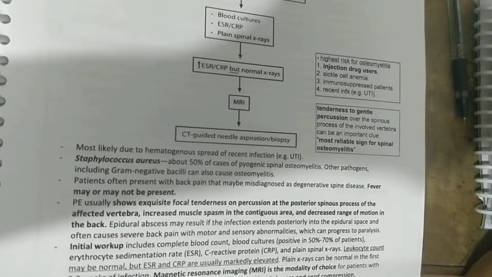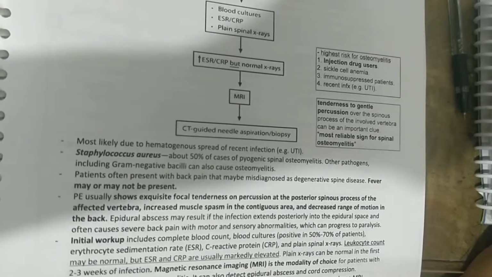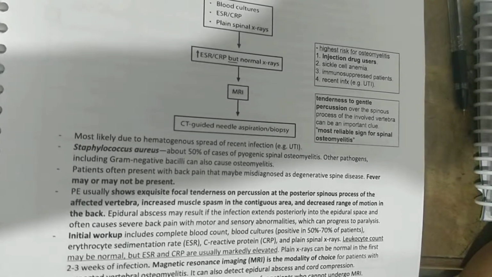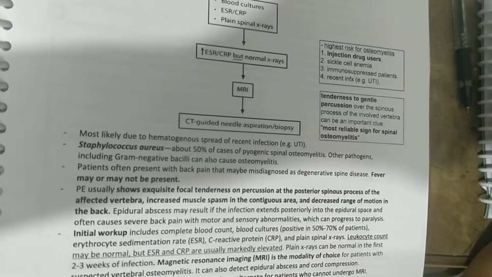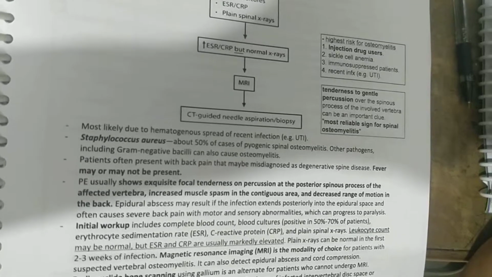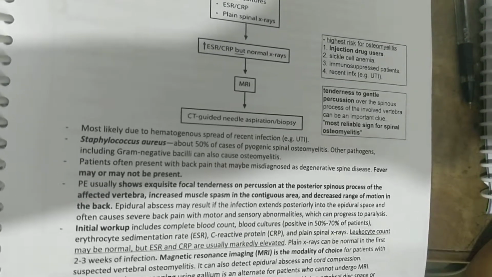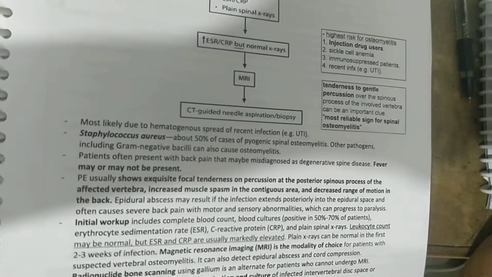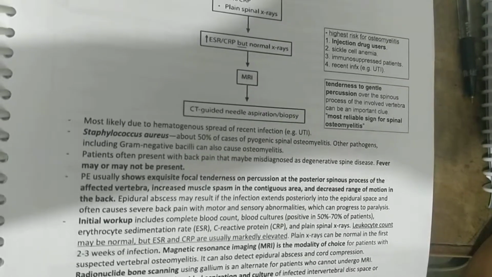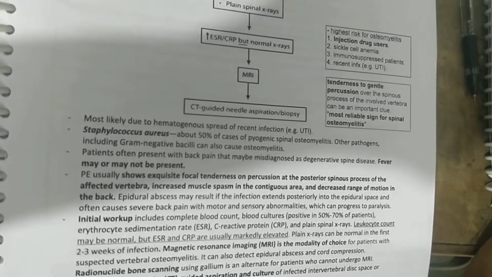Sometimes this osteomyelitis can track inside and reach the space above the epidural layer. So we call it epidural abscess, and it leads to severe back pain with even nerve involvement, so motor and sensory features are there, and it can even lead to paralysis.